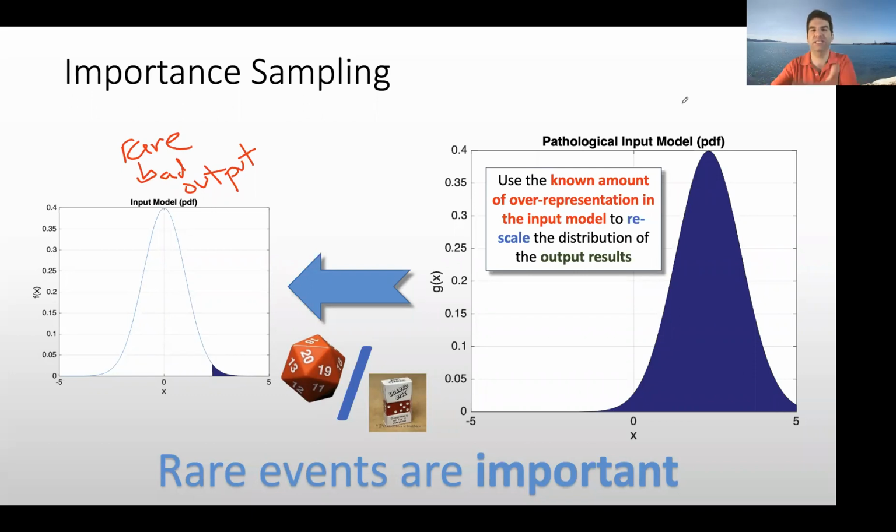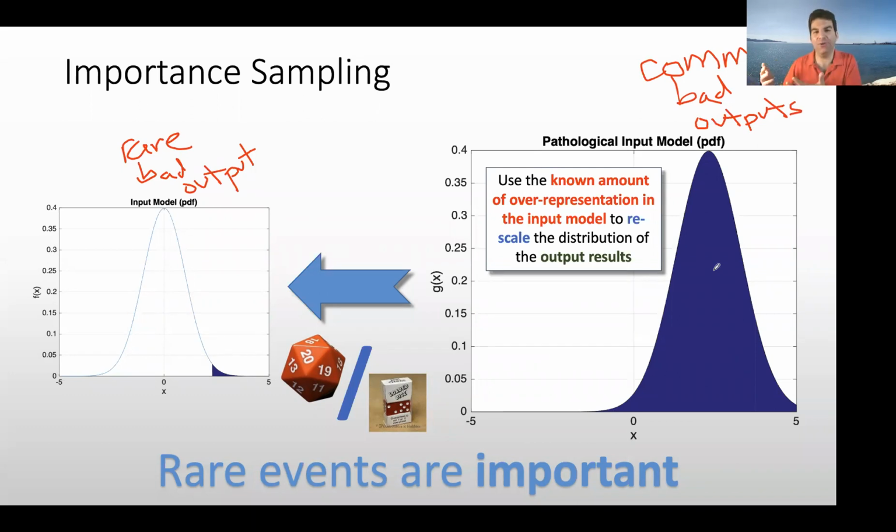If I overrepresent them so that I am in a bizarro universe where these terrible inputs happen all the time, in that case, I'm going to get common outputs that are bad. So now I'm going to get common bad outputs. And in this bizarro world, the bad output, the plane crash, for example, happens 100% of the time in my bizarro simulation world.